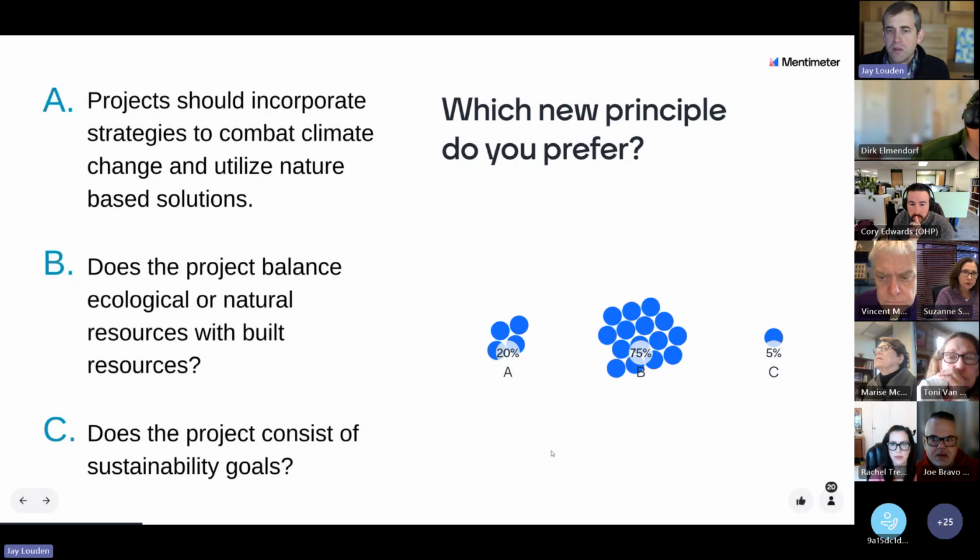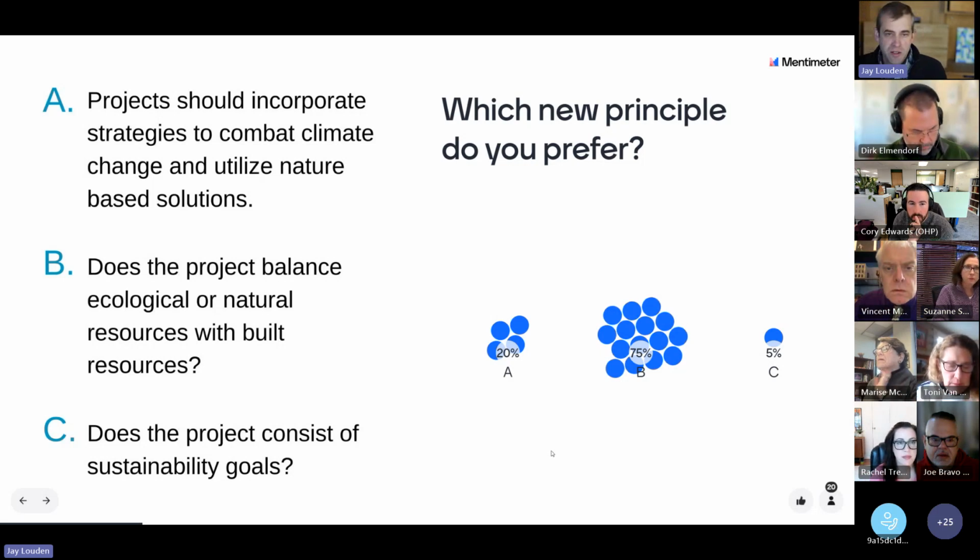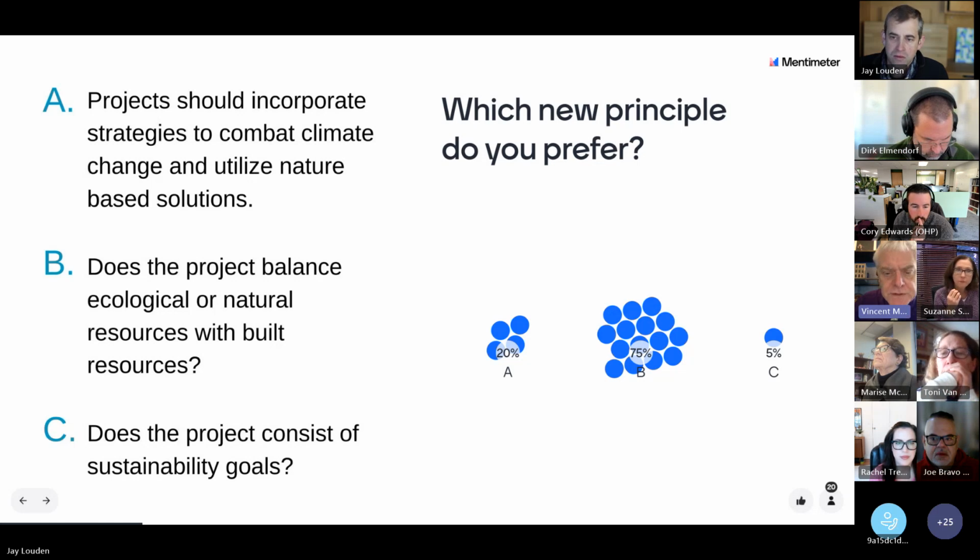Those are in the criteria. This is a guiding principle, so I think likely what will come out of this is we'll replace those in the criteria with an overall guiding principle. Okay, thank you for the clarification. And Vince? Just the person who voted C is willing to change to B. Okay, thanks.